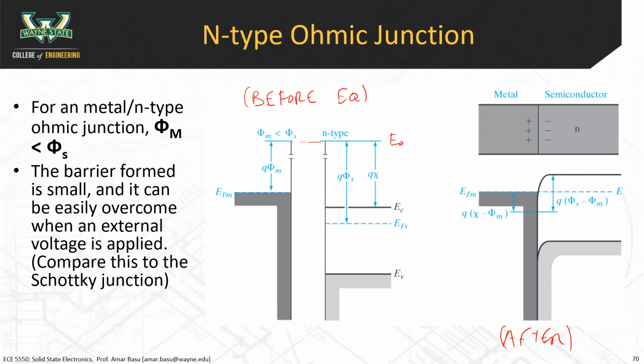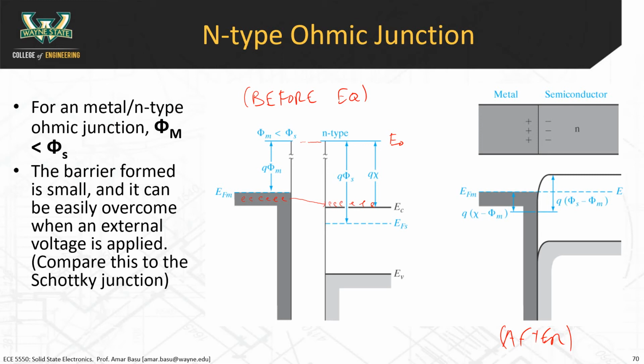So how can we think about this? This is an n-type ohmic junction. So you have electrons here. The difference is now you also have electrons below the Fermi level on the metal side. Now those electrons are actually at a higher energy, so those are the ones that end up going down here.